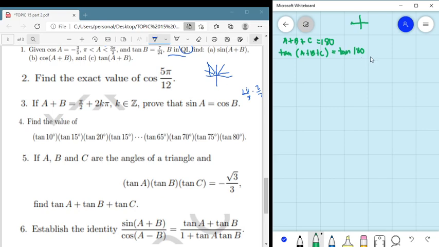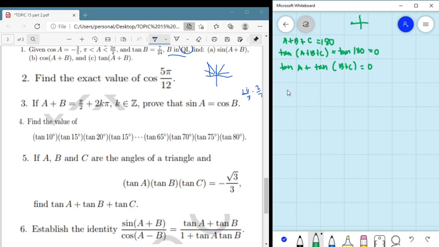So, therefore, tangent of 180 is equal to 0. So, that means tangent of A plus B plus C is equal to 0 also.